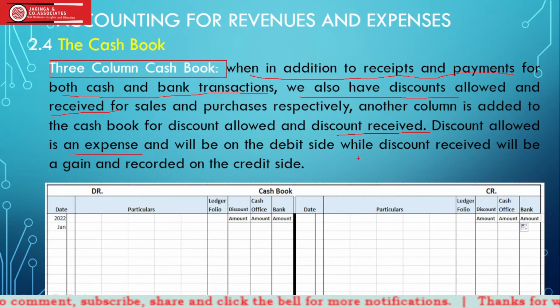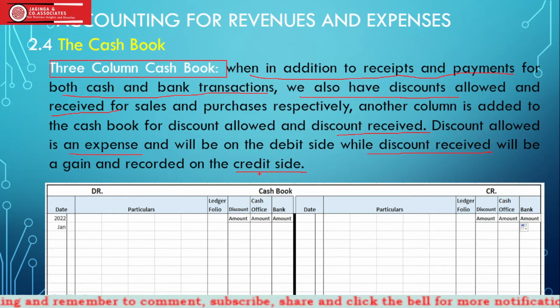And then discount received will be recorded on the credit side. So discount received is a case where you're supposed to pay the supplier, and the supplier is telling you when you pay in cash, you'll pay less by a certain amount. So maybe if you're supposed to pay $100, he's telling you he'll give you 10% when you pay in cash. So instead of paying $100, you'll be paying $90.